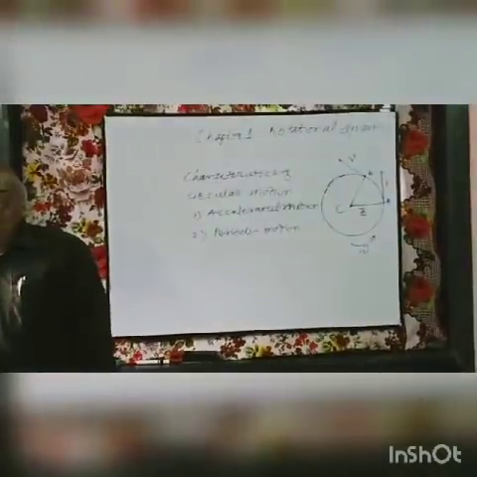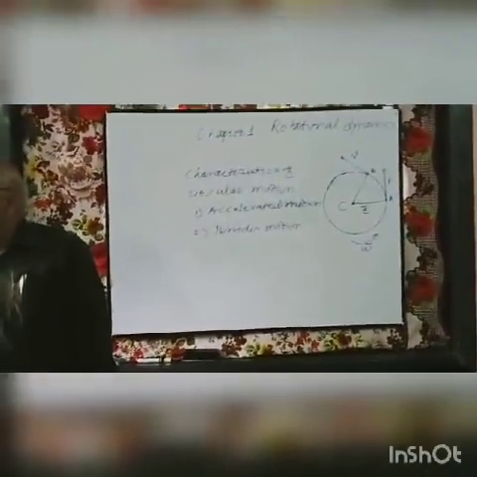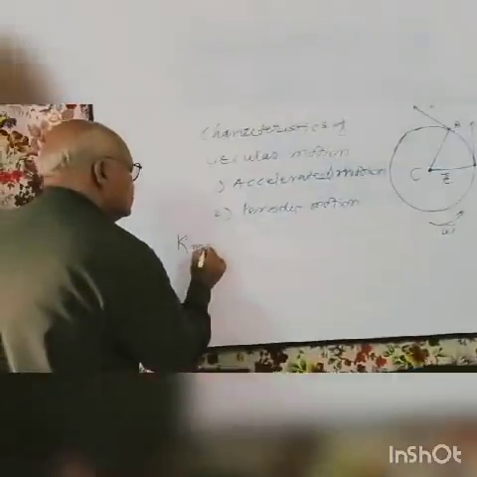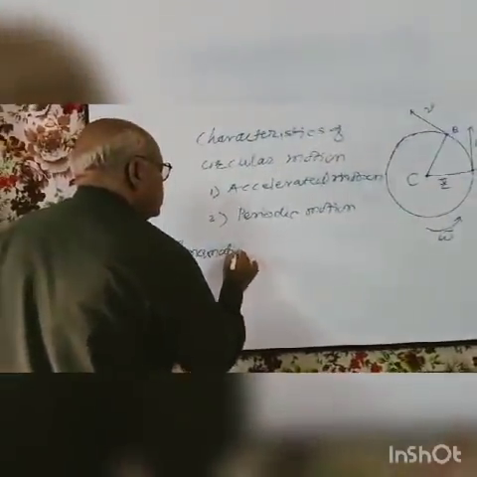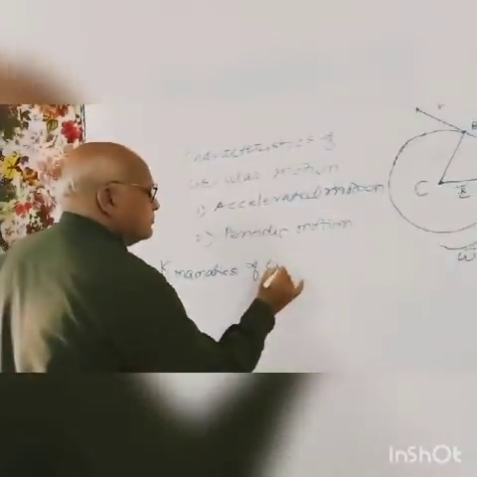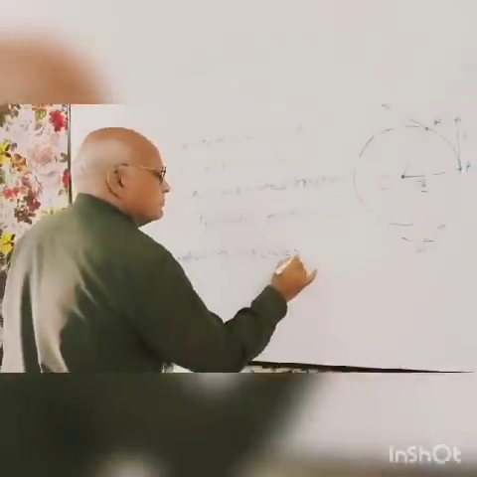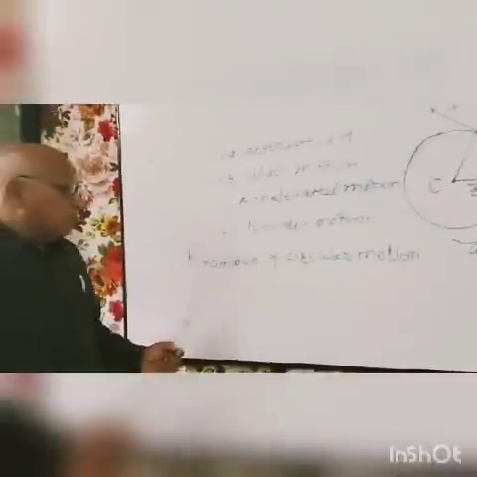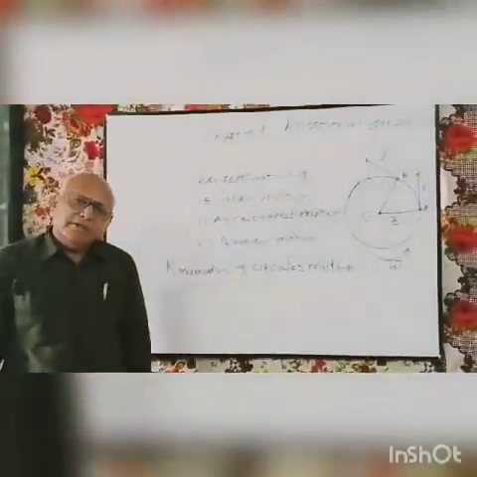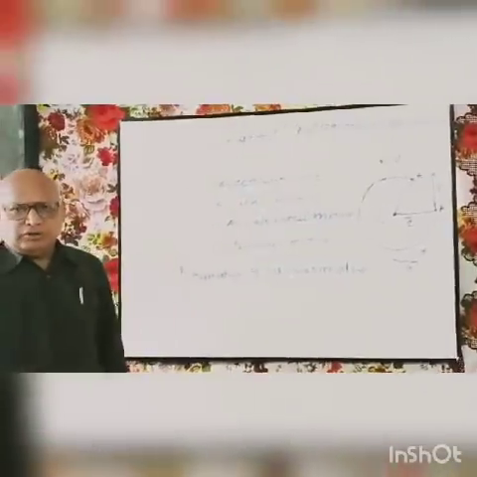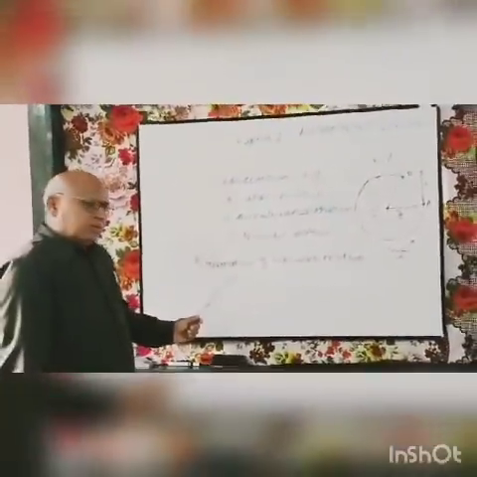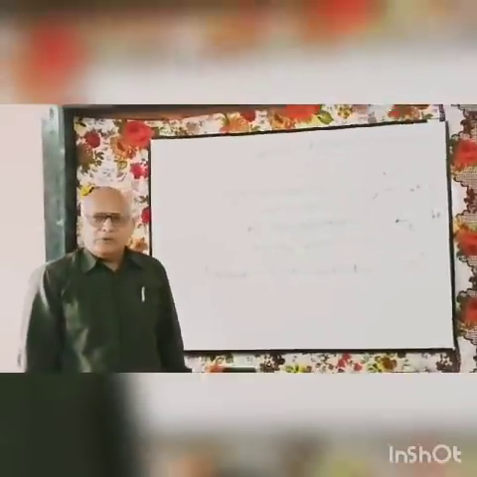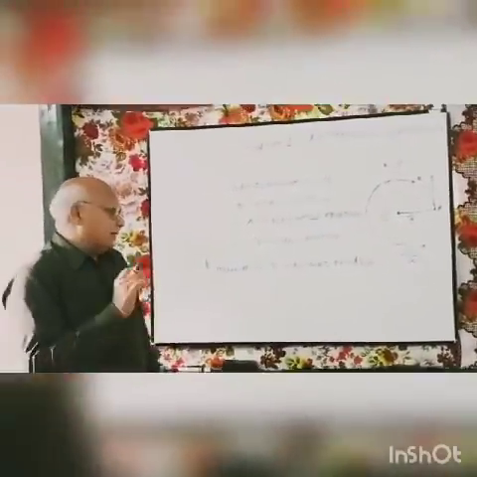Next, we have to learn the kinematics of circular motion. Here, this word itself indicates the object is in motion. Whenever the objects are in motion, they possess maximum kinetic energy, and their potential energy is less.